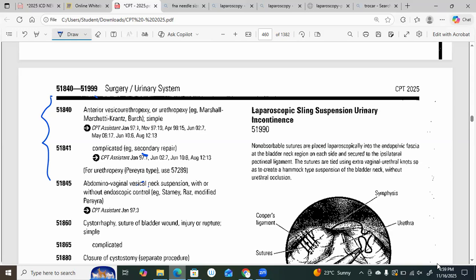The technique is performed vaginally through a small incision above the pubic bone, and then suture is used to suspend the tissue next to the urethra on each of the sides. Then we have to perform a cystoscopy to ensure there are no iatrogenic injuries to the urethra and bladder during the procedure.